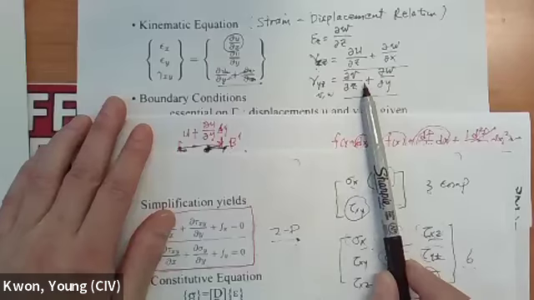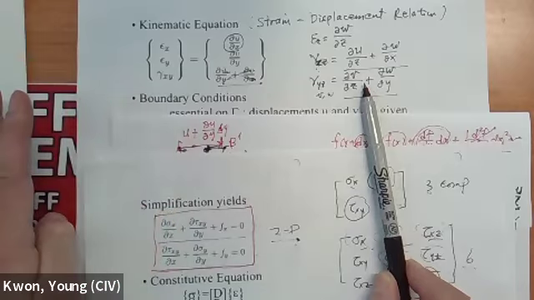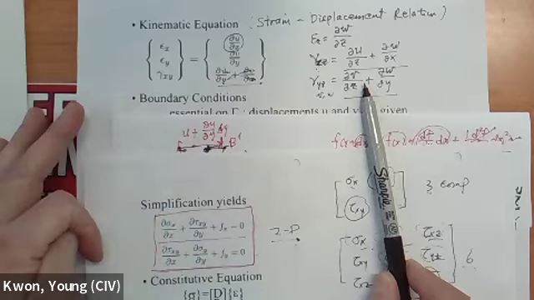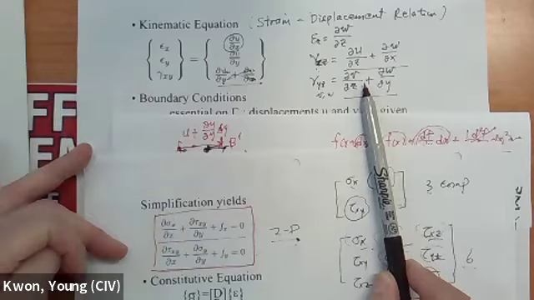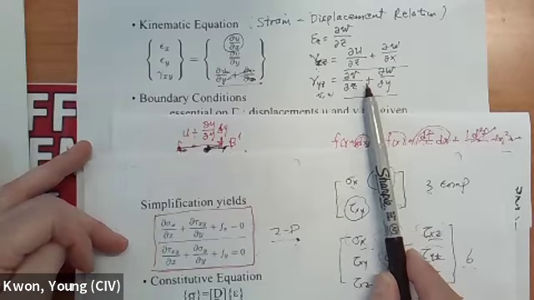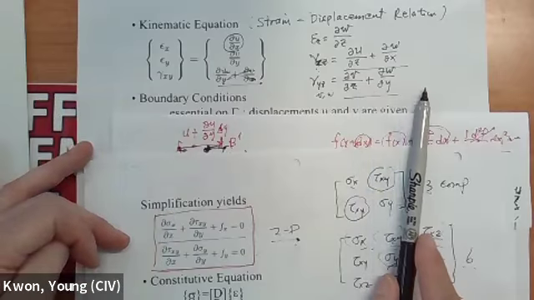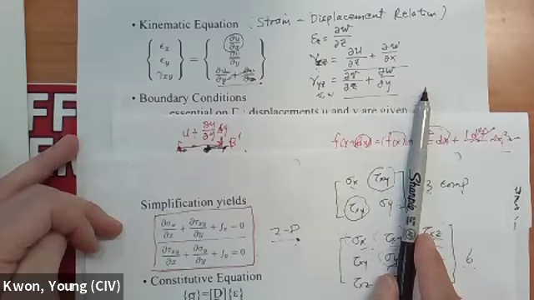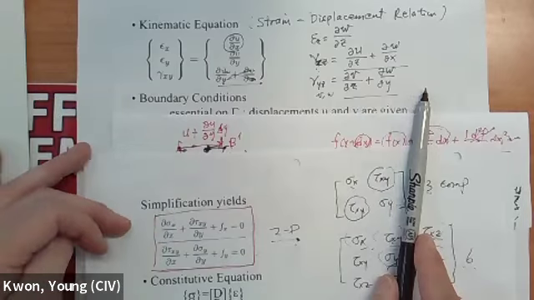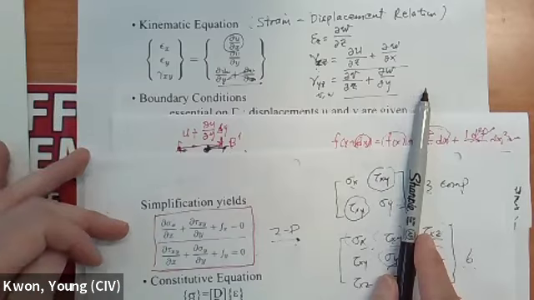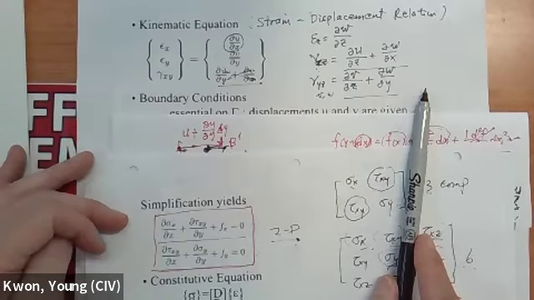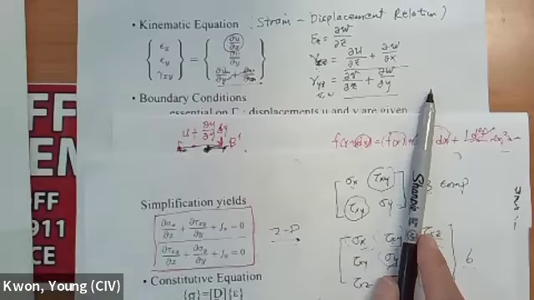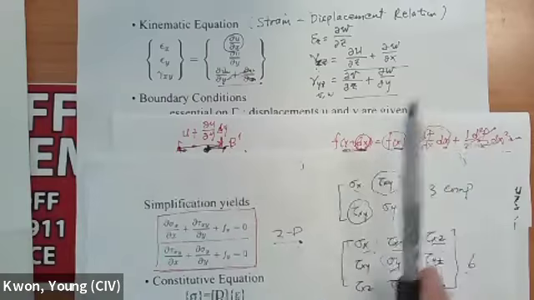And how many unknowns? 6 strains, 6 stresses, and 3 displacements. So total 15. In other words, you have to solve 15 equations for 15 unknowns. That's the standard 3D elasticity problem. That's not easy, right? Any questions so far?